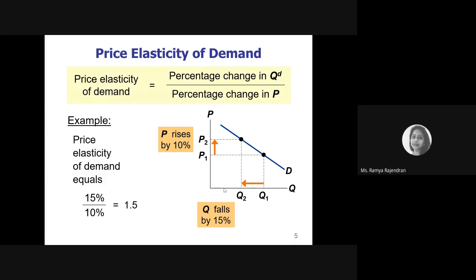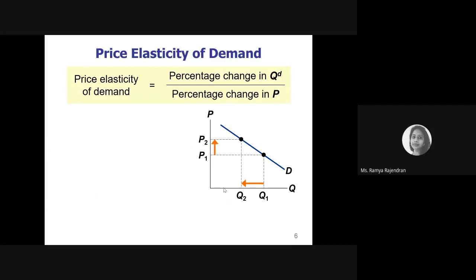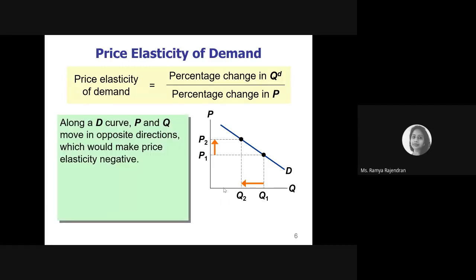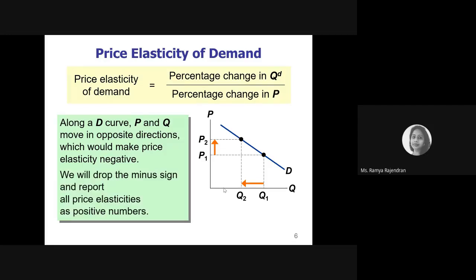Even if the numbers are moving in opposite directions, we will always have the elasticity as a positive number. Along the demand curve we can see P and Q moving in opposite directions, which makes this elasticity negative, but we'll never use a negative sign. It's always a positive number.